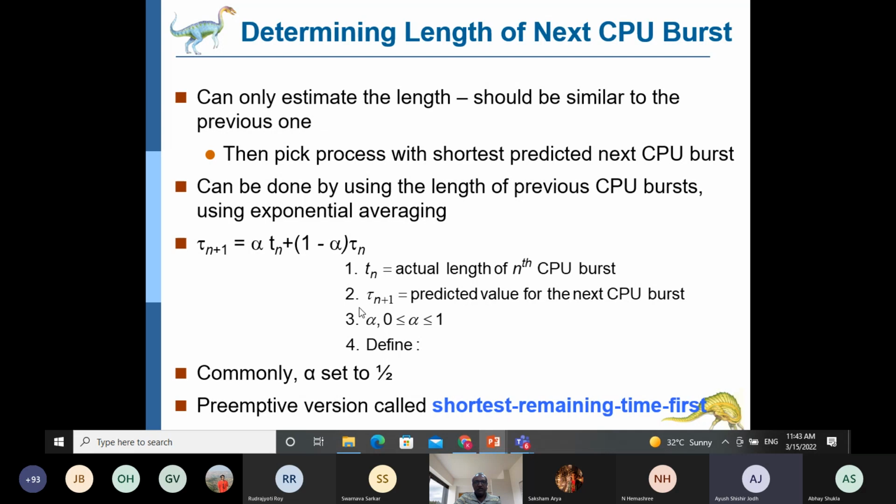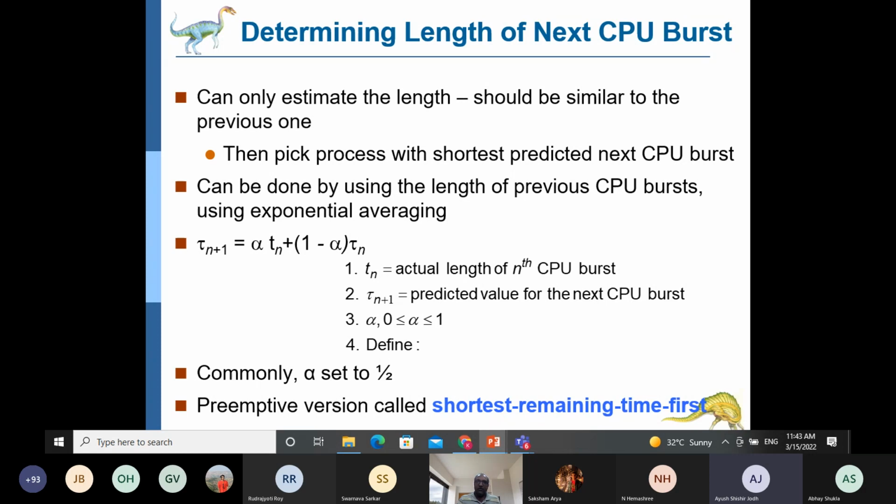And so the shortest job first, whatever we discussed earlier, is a non-preemptive one, just for the purpose of showing a sample, where we assume that we have 4 or 5 processes and the CPU burst times have been given. That is at one instance, right? But in process execution, we have a sequence of bursts.